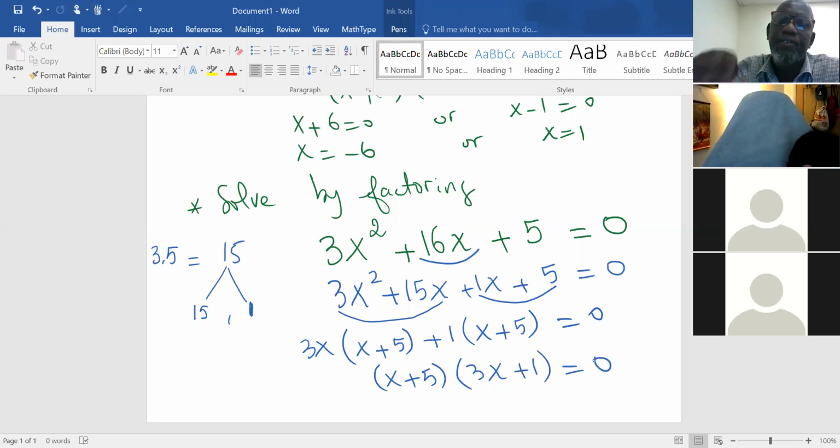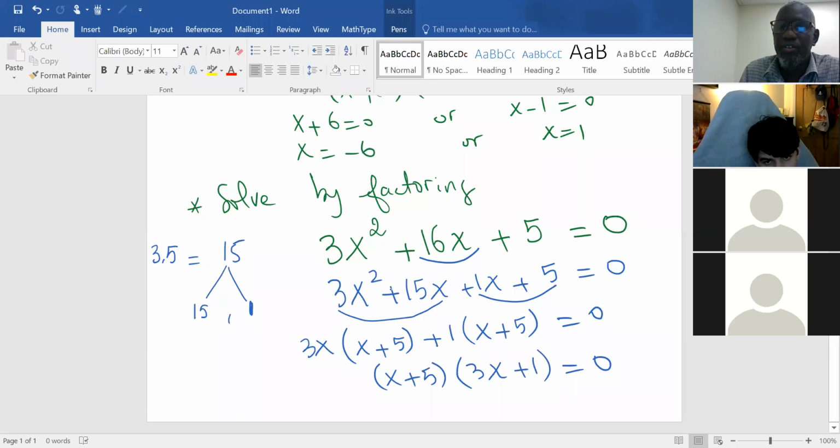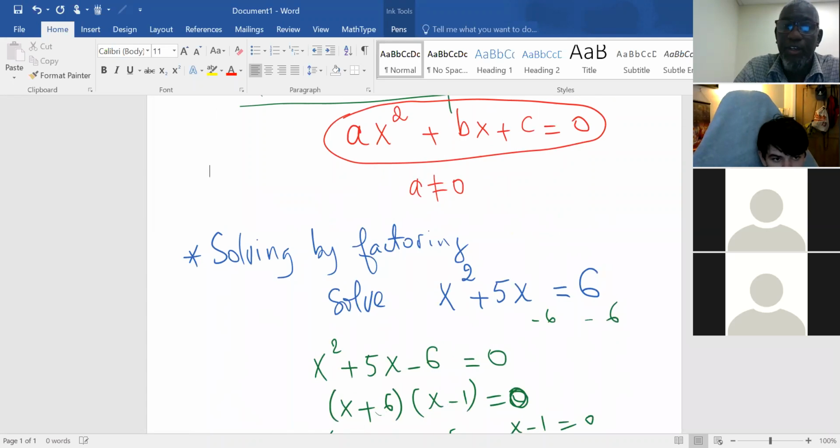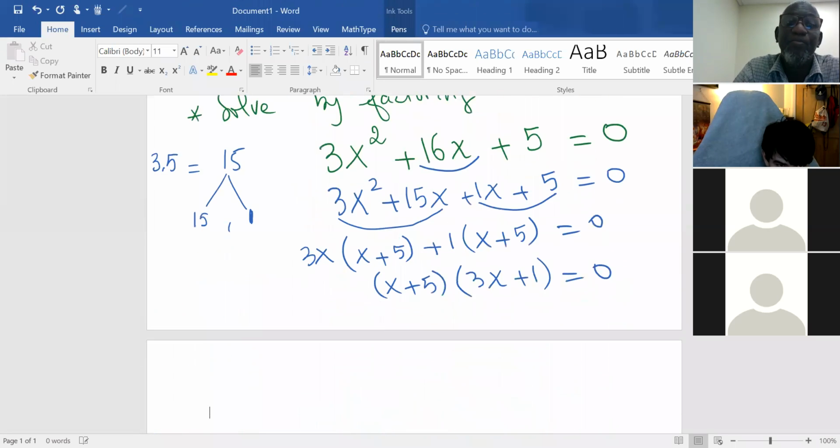For instance, myself, I can look at this and figure out the factoring, right? But we always like to teach this way. I don't mind if you use your way, because this is not 083. If it was 083, I would ask you to do the steps like that, okay?